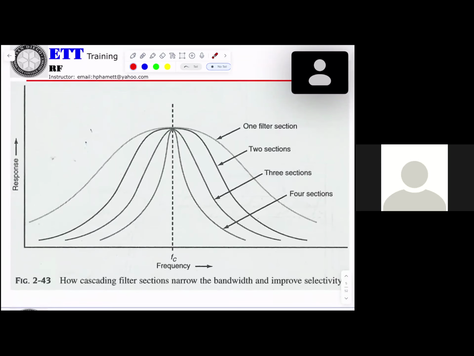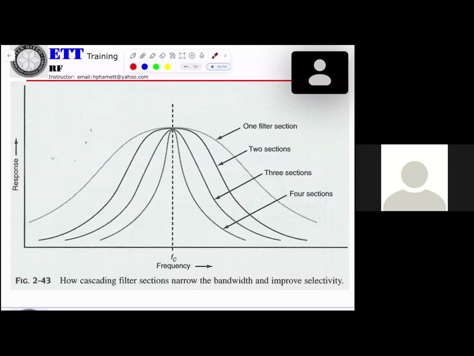And you must read that to make sure of the definition for each one. In here, okay, how cascading filter sections narrow the bandwidth and improve selectivity. You see that with a different filter, you get a different signal. This is for 3 sections to 1 filter.